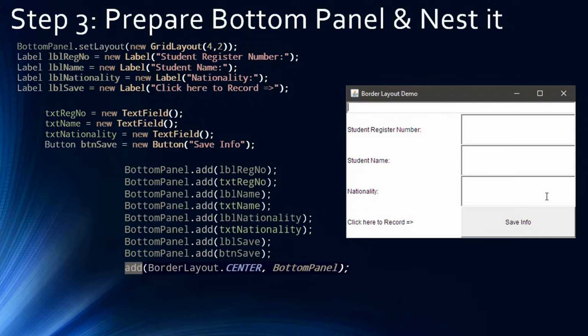But here we want to add this 4x2 grid towards the center of this border layout. So when you resize the form, the controls will get resized, but the text box in the top panel, that means the output text box, since it is added in the north, will stick to that size.